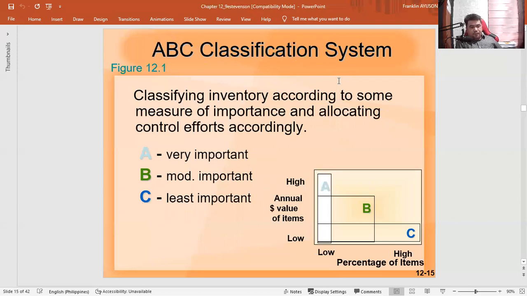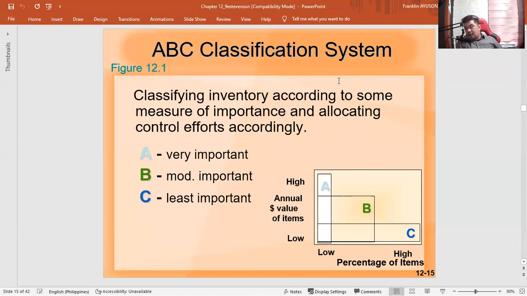In terms of classification system, we mentioned that kanina, and I think there will be some examples in my other video presentation with regards to classification system. So it's a system of classifying inventory according to some measure of importance and allocating the control effort accordingly.